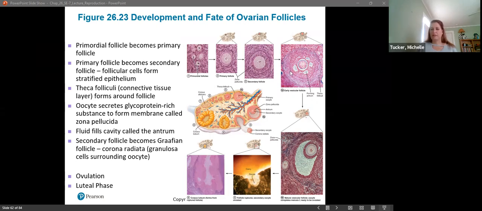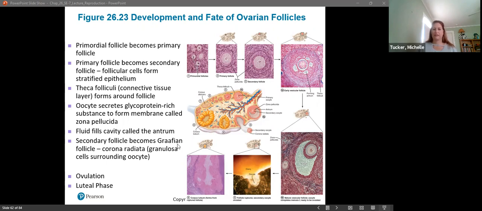And then the secondary follicle matures into a Graafian or mature or tertiary follicle, many names. The oocyte is always present in all of the follicular stages. After ovulation occurs, the mature follicle cells form an endocrine structure called the corpus luteum.